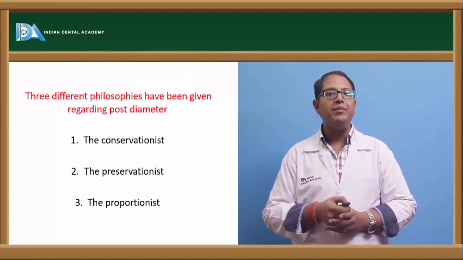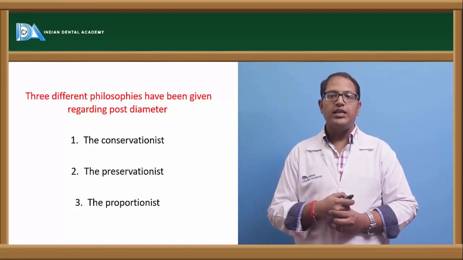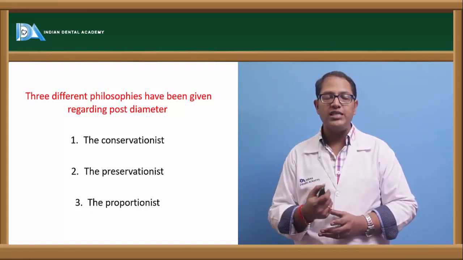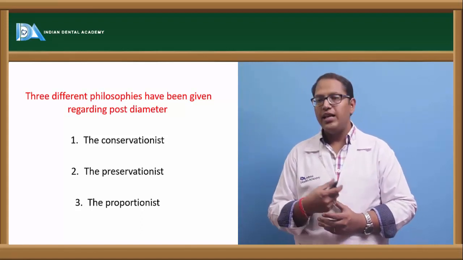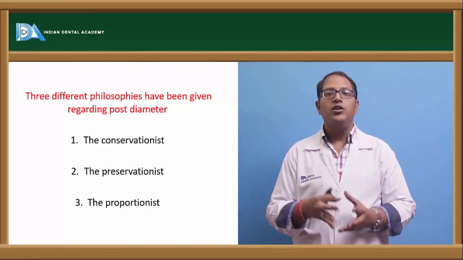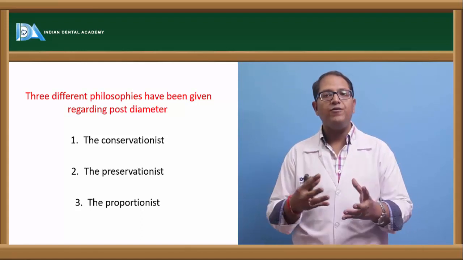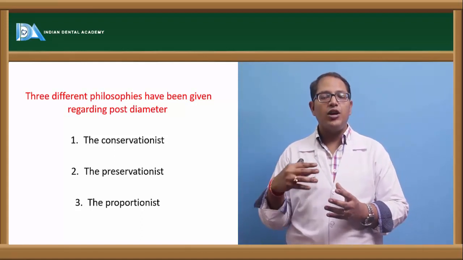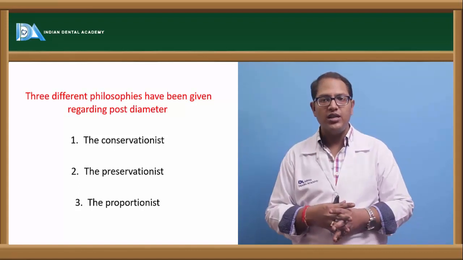Now for post diameter, different philosophies have been given: the conventional or conservationist philosophy, the proportionist philosophy, and the preservationist philosophy. Let's first see the conventional, or conservationist, philosophy. The name itself says conservationist. This philosophy says you have to do minimal instrumentation of the canal after removal of gutta percha.